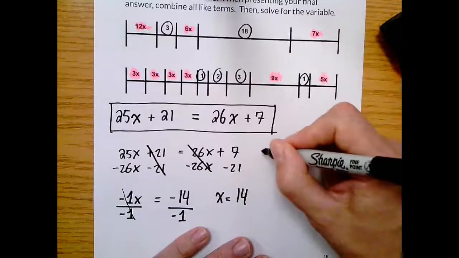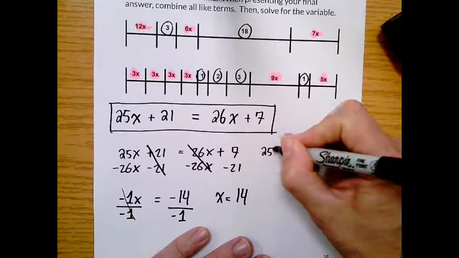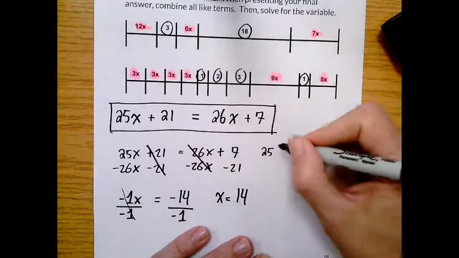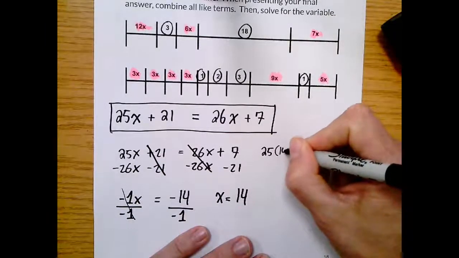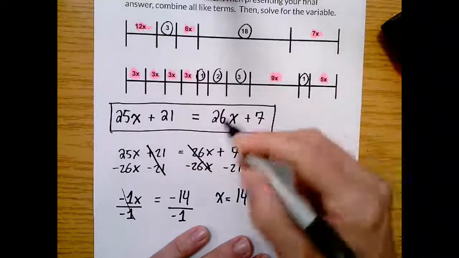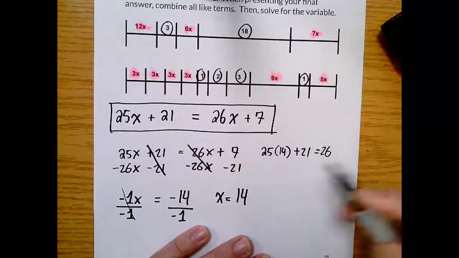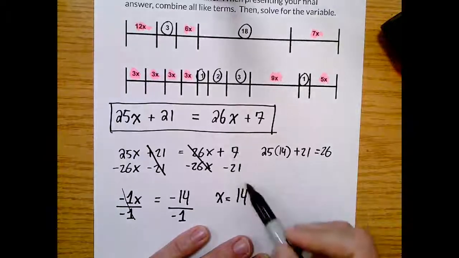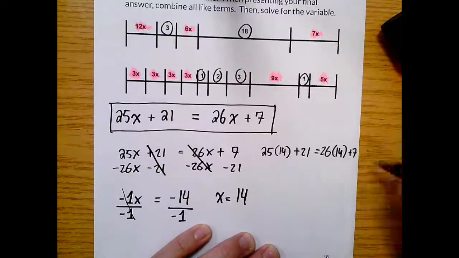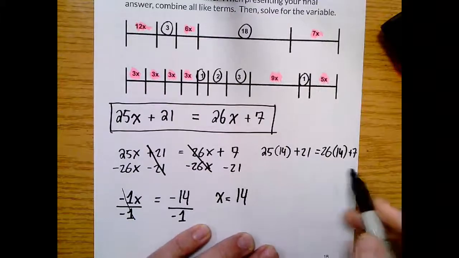So I rewrite this as 25 times 14 plus 21 equals 26 times 14 plus 7. And let's quickly check this work.